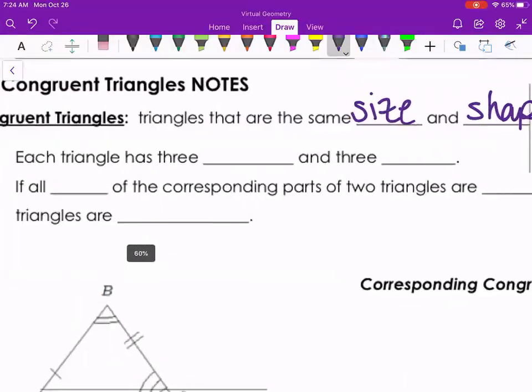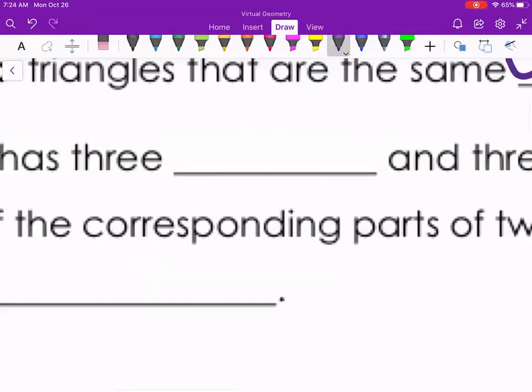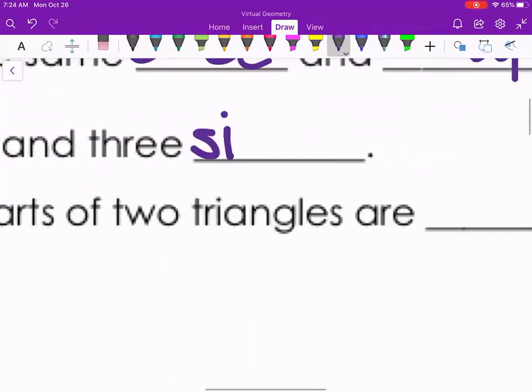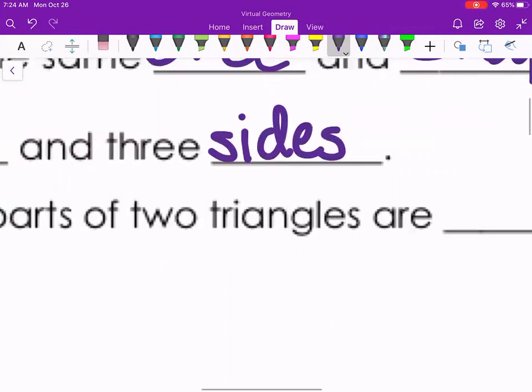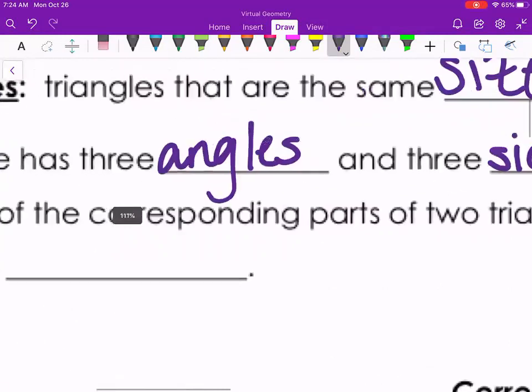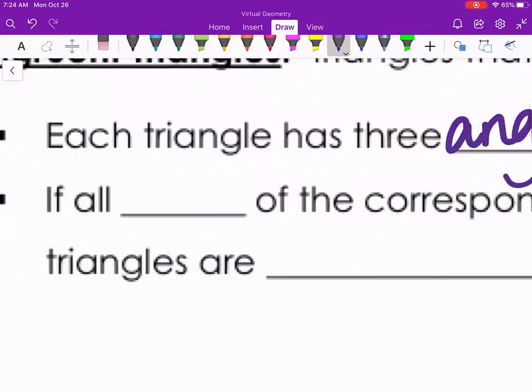Now, each triangle has three angles, and it has three sides. And these are what I need to look for when I'm looking for their congruent pieces here.